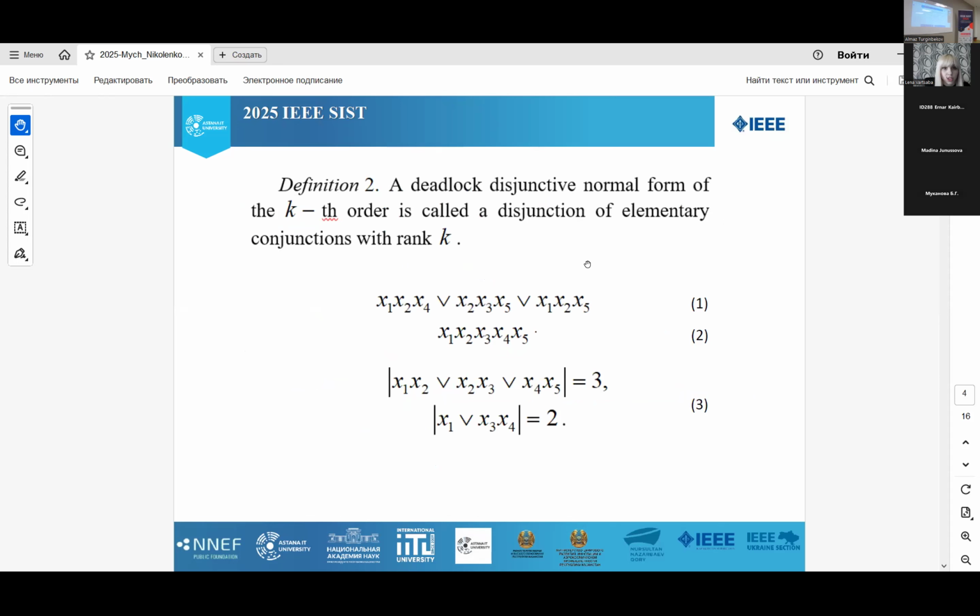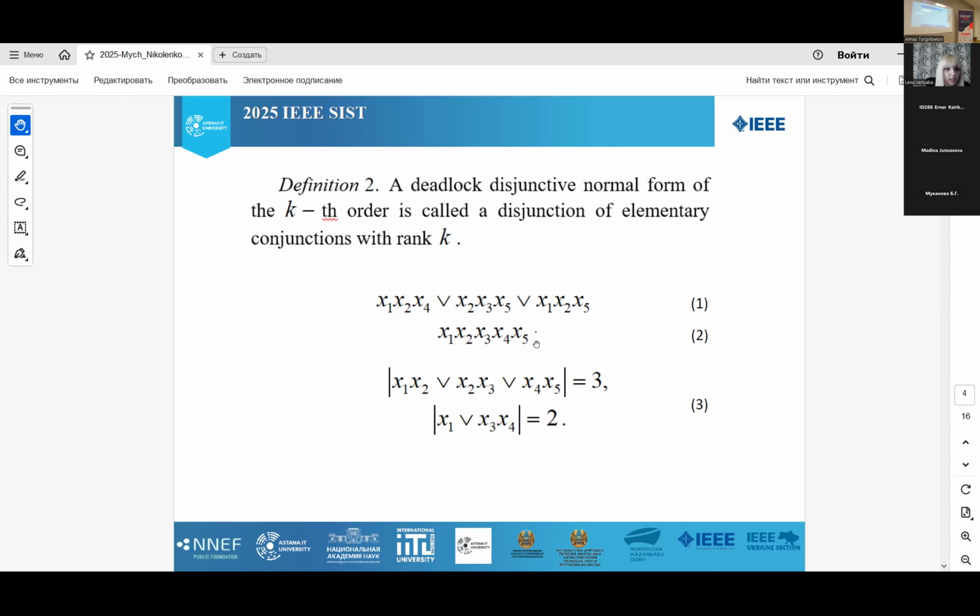A deadlocked disjunctive normal form of the kth order is a disjunction of elementary conjunctions with rank k. For example, an expression of the form by 1 is the deadlocked disjunctive normal form of the third order, and expressions of the form by 2 of the fifth order.